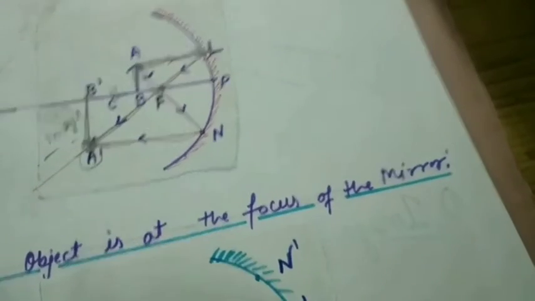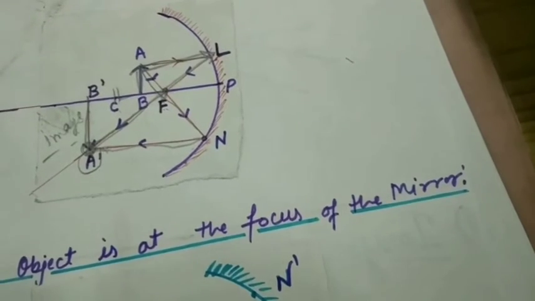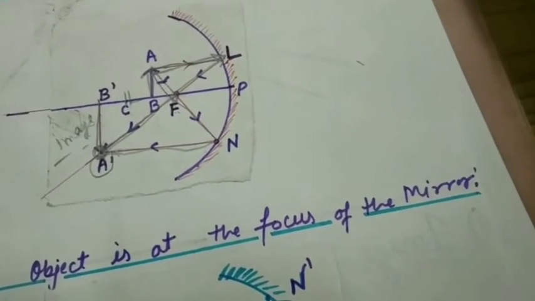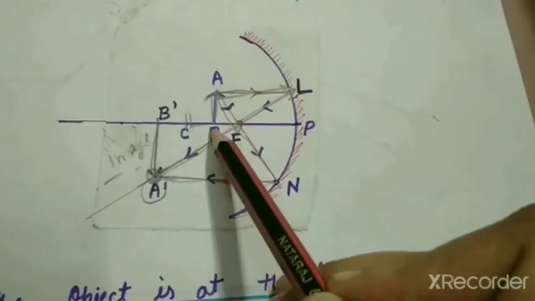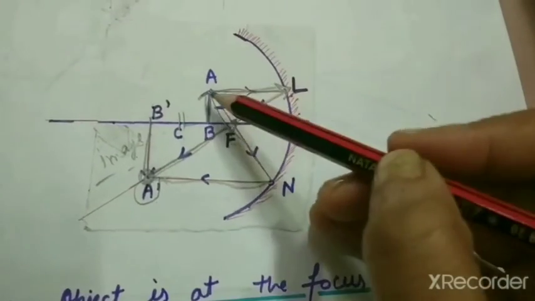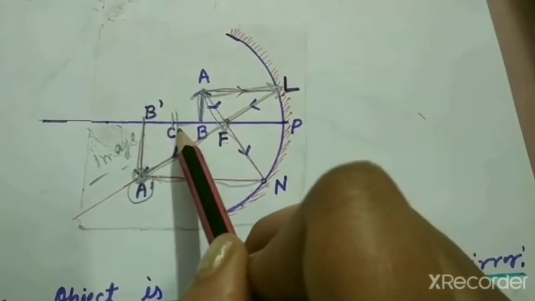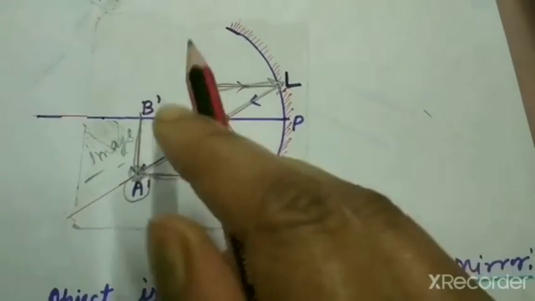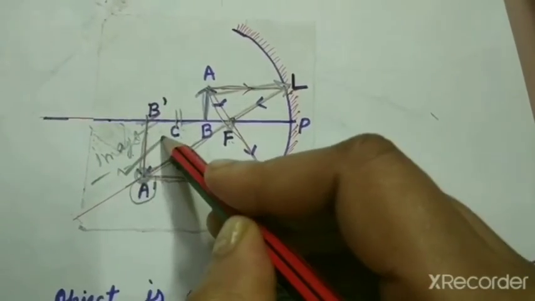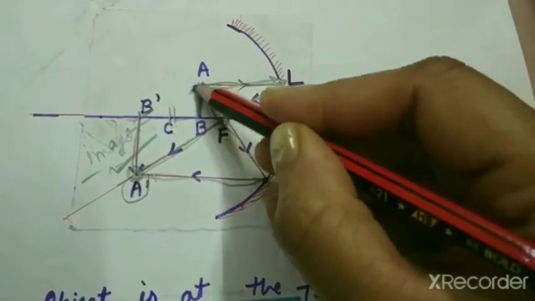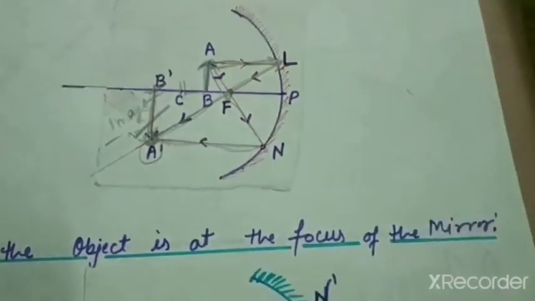So if anything is placed between the center of curvature and focus, its image will be formed beyond the center of curvature, and its size will be bigger. You saw, this is the object with the smaller size, and the image formed here is bigger in size.